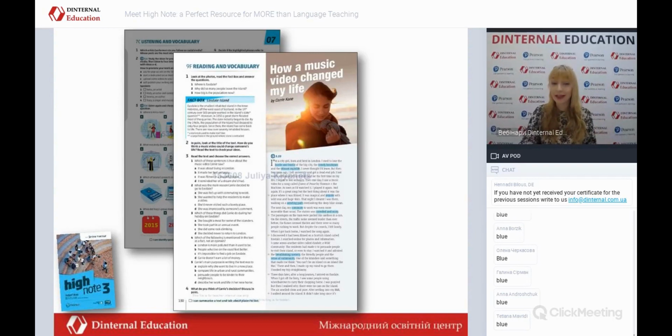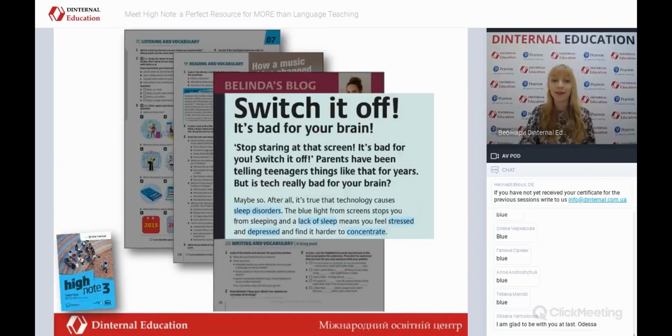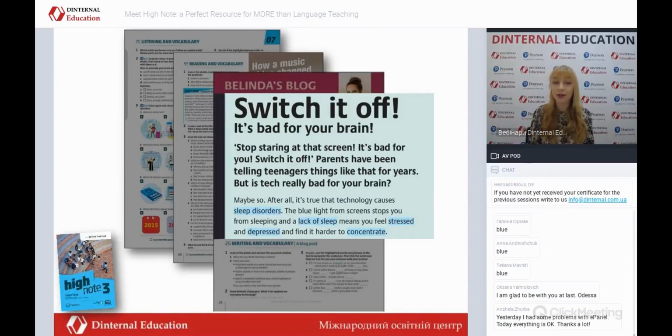The same with reading. Again, we can see these phrases in the text. Same with writing even. It's a writing example, but still there is a set of vocabulary that's connected with posting. So you can see here, it's again in blue, like sleeping disorders, lack of sleep, concentrate, stress, so lots of adjectives, lots of fun vocab.